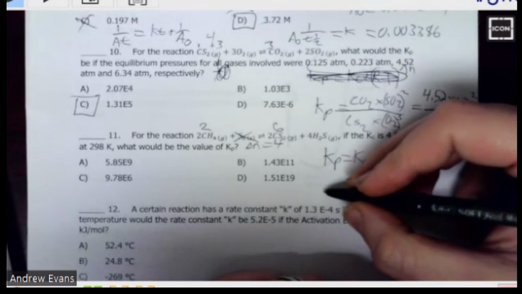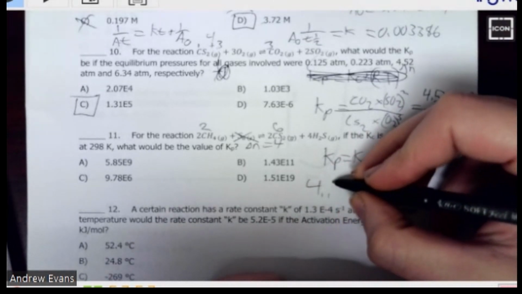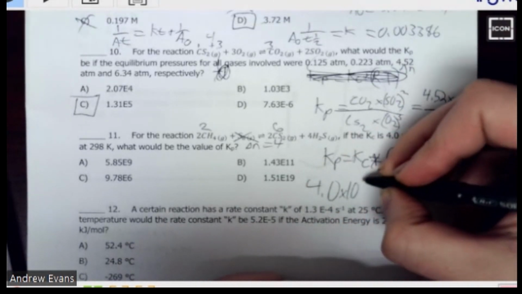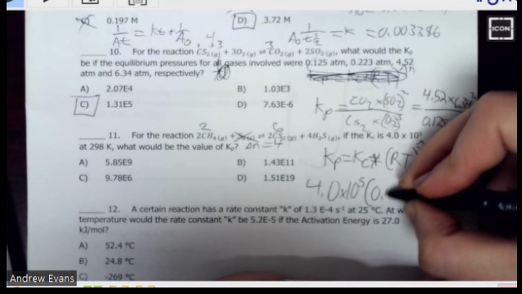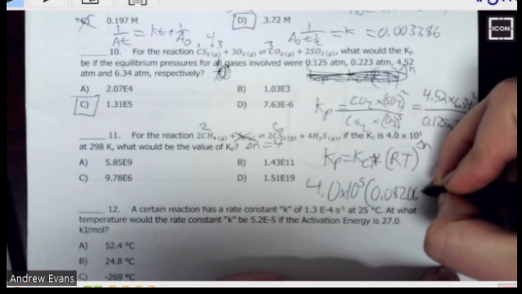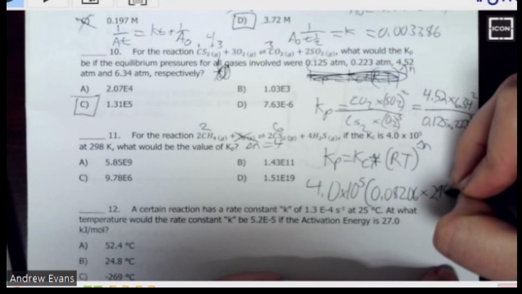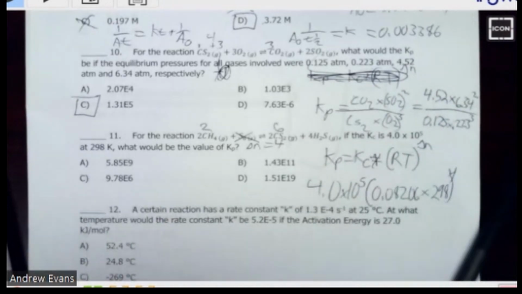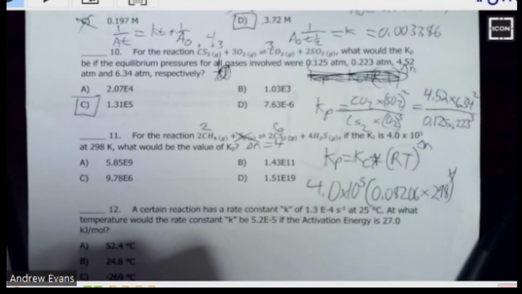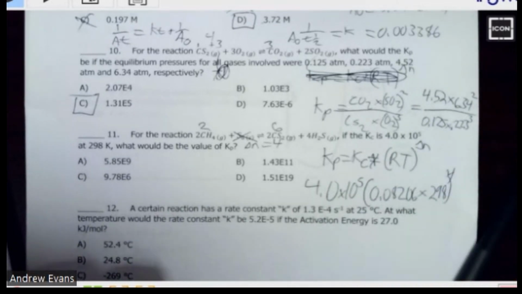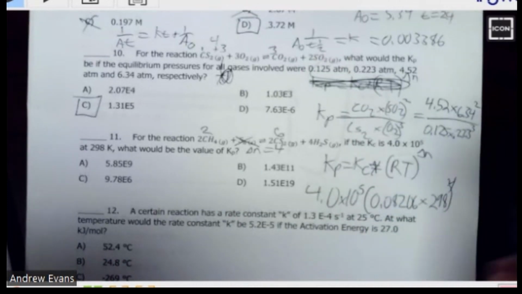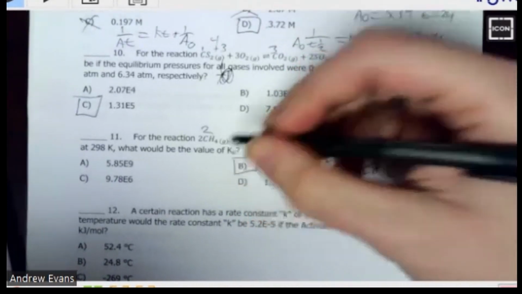So Kc is 4.0 times 10 to the fifth. And R is 0.08206 times 298, to the fourth power. So the product of that number is 24.5, raised to the fourth power, it's a really big number, times your Kc, you get 1.43 times 10 to the 11th.